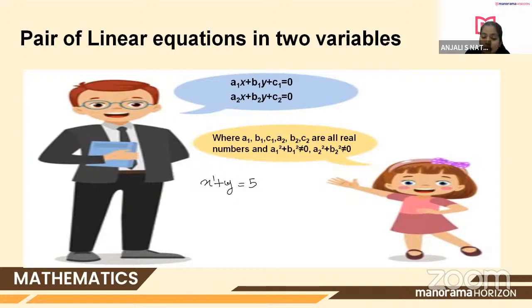And the power of y is also 1. So this is a degree 1 equation. A degree 1 equation is a linear equation. So this is a linear equation, and here we have two variables.